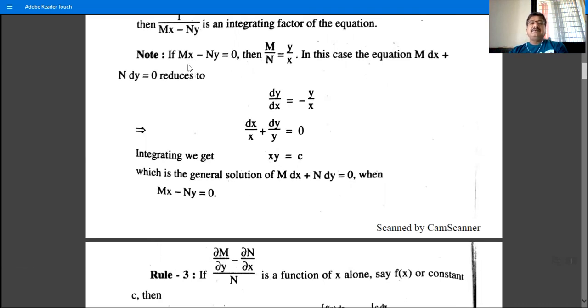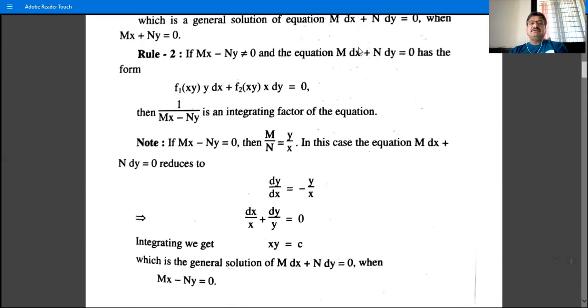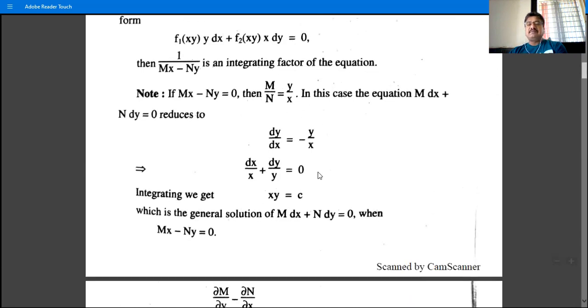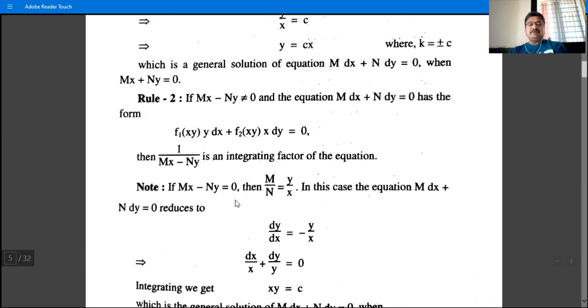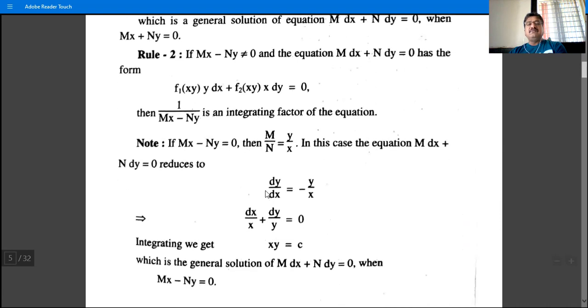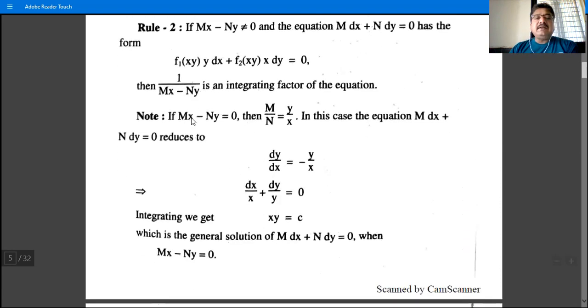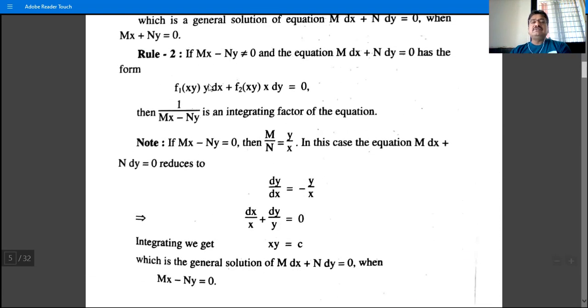We know that if Mx − Ny is 0, then M/N is y/x, and from M dx + N dy, we have dy/dx = −M/N, that is −y/x. So separating the variables and integrating, we have a very easy answer. But if Mx − Ny is not equal to 0, then 1/(Mx − Ny) is an integrating factor of this type of differential equation.